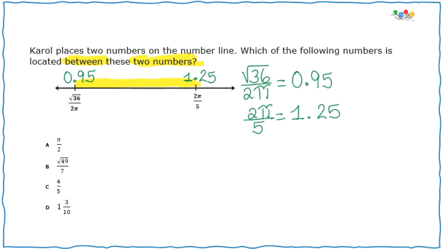So let's write down 1.57 for pi over 2, $1.57. How about the next one? Square root of 49 over 7. What is the answer for that? Anybody? Yes, it is a 1. Very good.